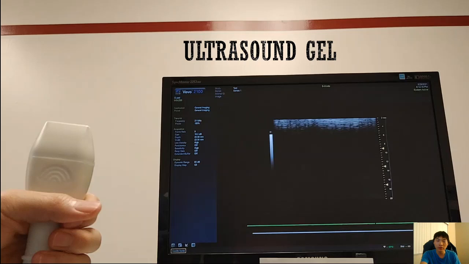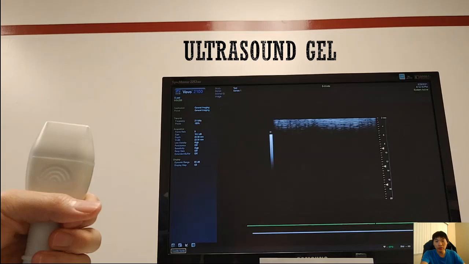The difference in acoustic property between the electronics in the transducer and the air is so great that basically all of the sound waves, once they leave the transducer, get reflected by the layer of air immediately above the transducer and come back. So what you get as an image is basically just the surface of the transducer, which is not so useful. So we would like to acoustically couple the transducer to the object that we're imaging.